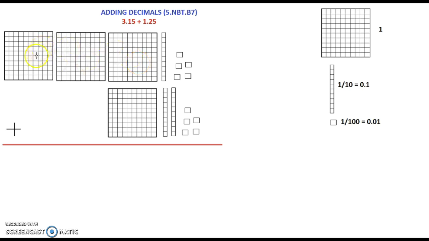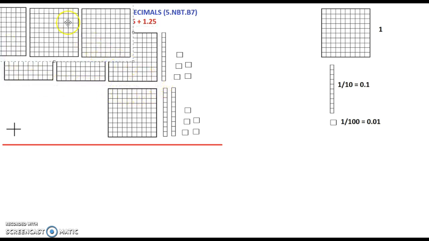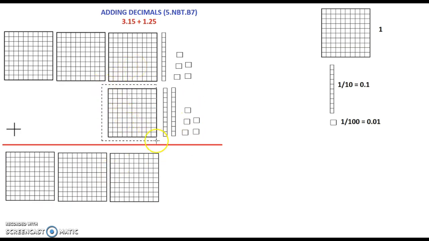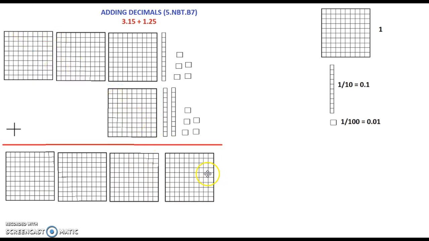I can easily see that I have 1, 2, 3, 4 wholes, so let's get 4 wholes down below: 3, 4.